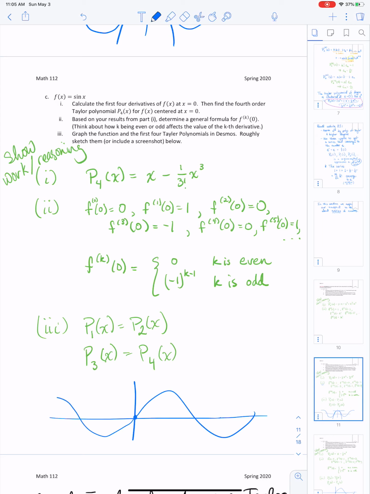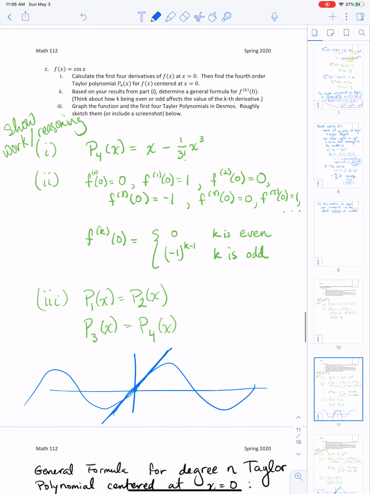And so here you saw your best fitting line was just x. Your best fitting constant is 0, and the best fitting parabola is still the line. So it's the parabola that has a 0 term in front of the x squared, so it's not actually a parabola.